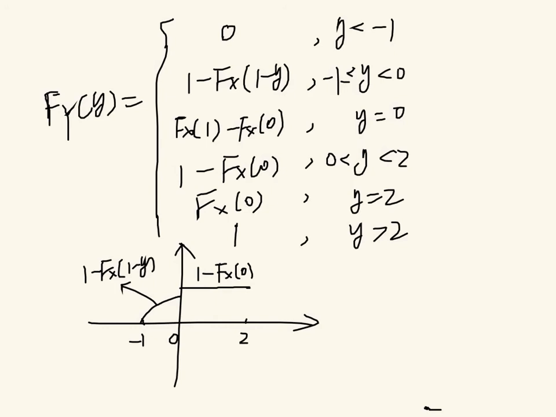And when it's larger than 2, it should be 1. And this interval should be F_X(0). And this interval should be F_X(1) minus F_X(0).